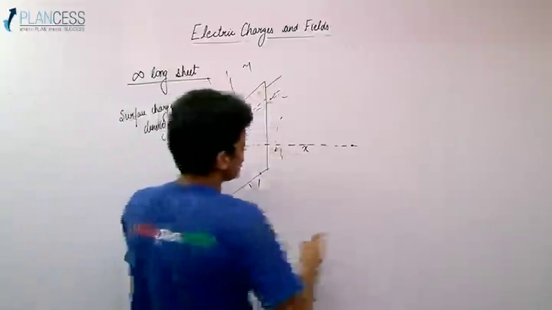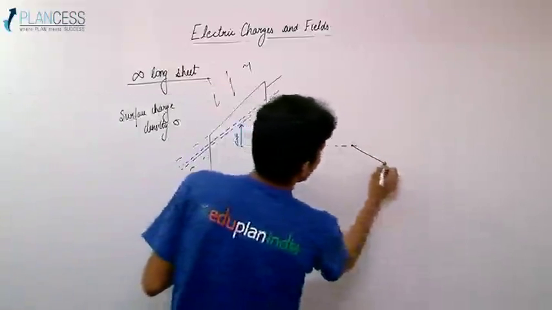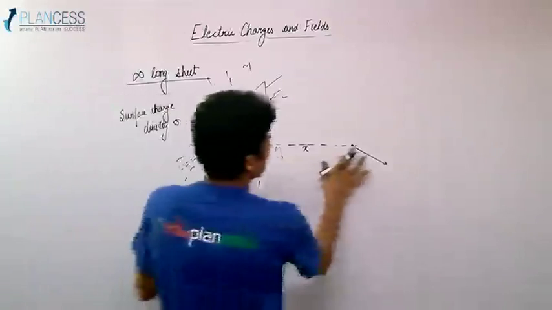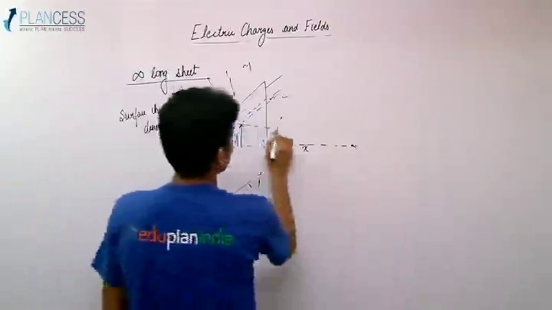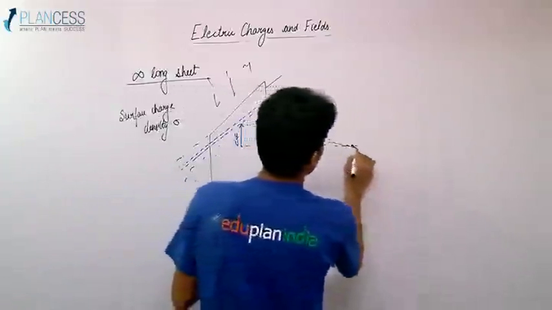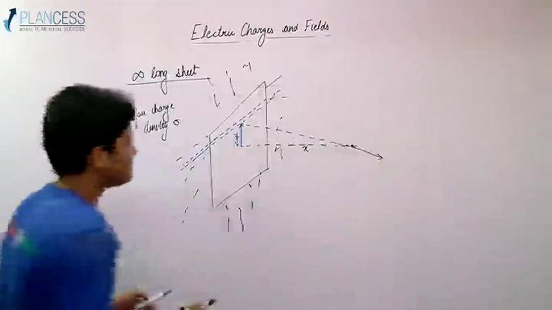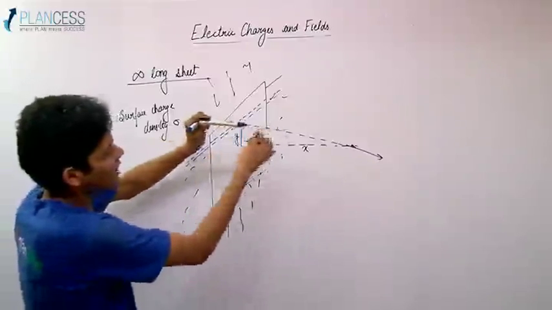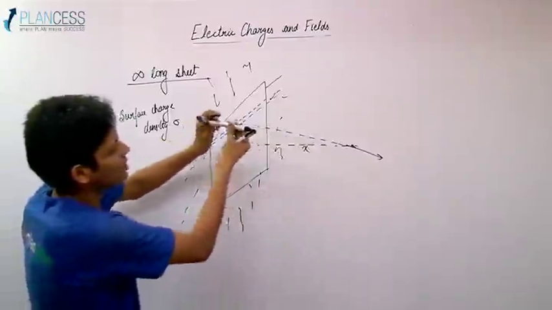I can draw the direction, not like this, but if I join this to x, in this direction, because we know that if this is an infinitely long wire, the electric field at this point would be radially outwards.